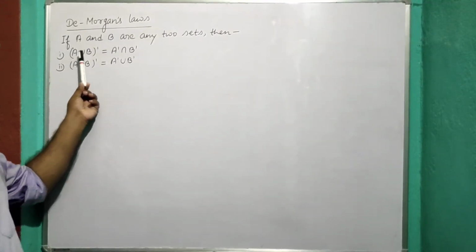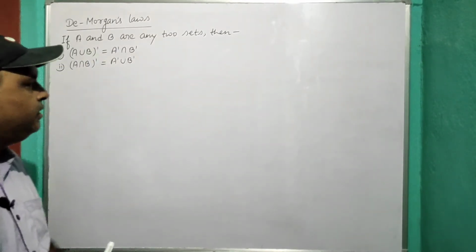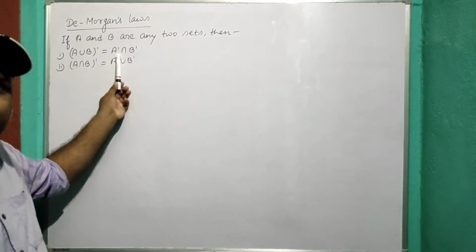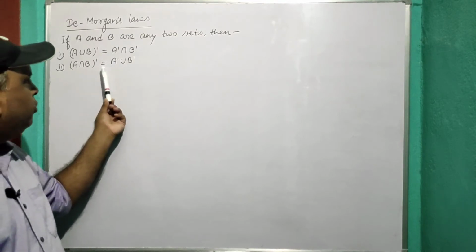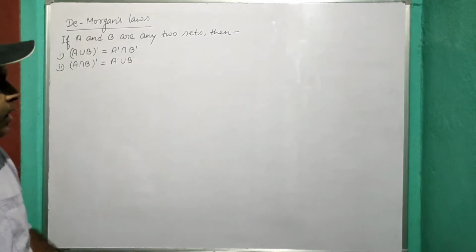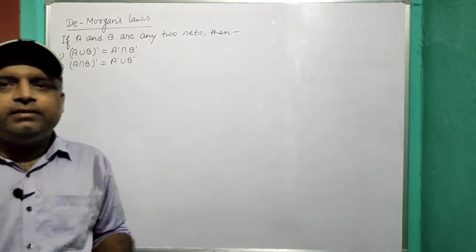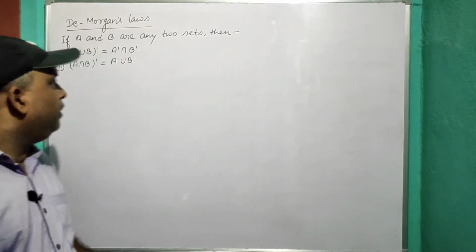You can see that these two are De Morgan's law, that if A and B are any two sets, then A union B whole dash is equal to A dash intersection B dash, and A intersection B whole dash is equal to A dash union B dash. This law is very important. It is used in this chapter sets as well as in the last chapter, that is your probability.